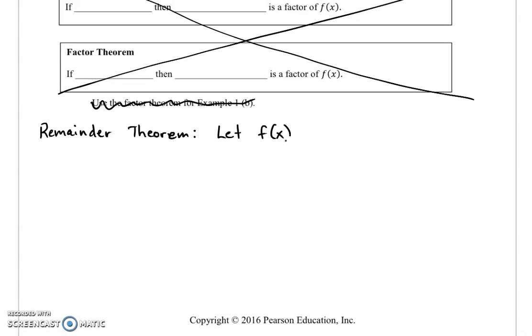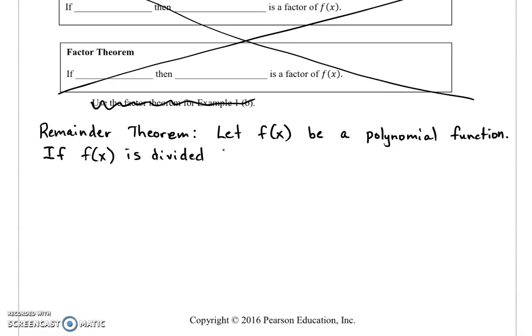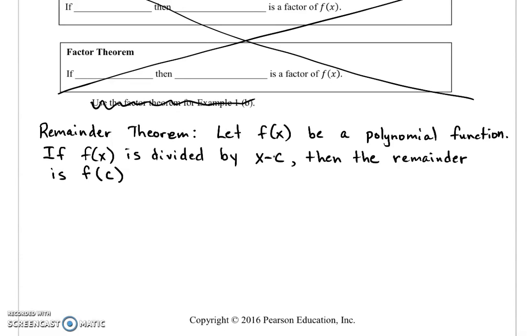If we have a polynomial that we're calling f of x, so it's also a function, if f of x is divided by x minus c, so a linear divisor, then the remainder is the function evaluated at that c from our divisor.